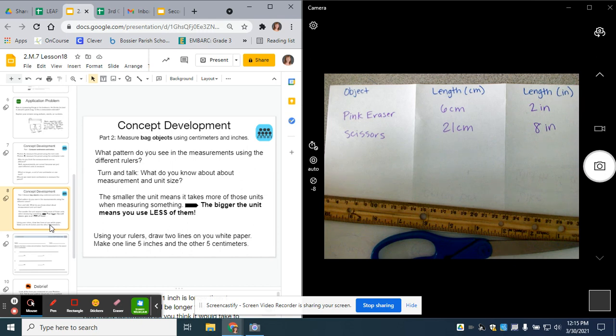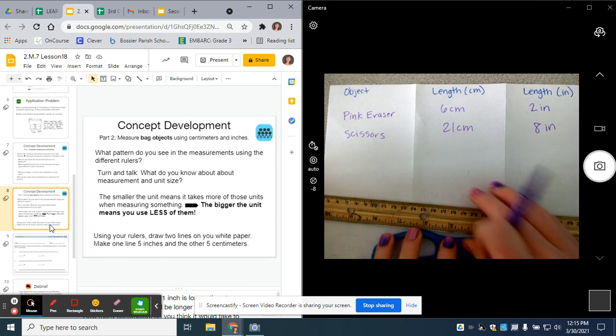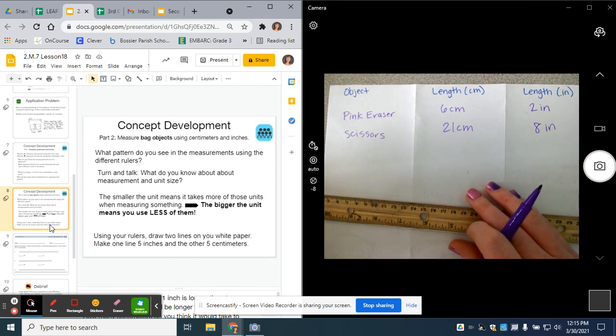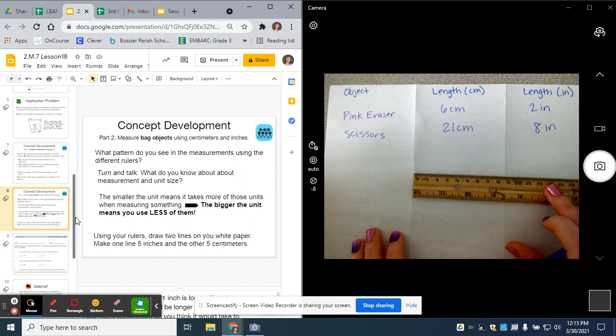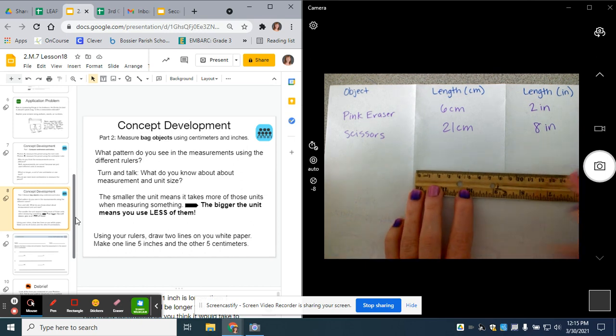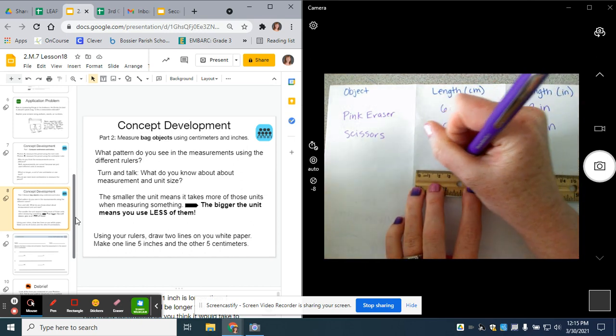All right. Using your ruler, draw 2 lines on your white paper. I'm going to draw it on my paper here. I'm going to draw one that is 5 centimeters long.